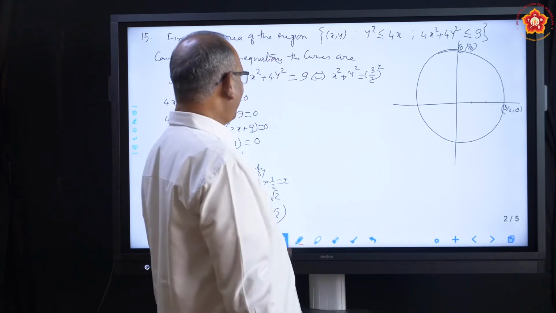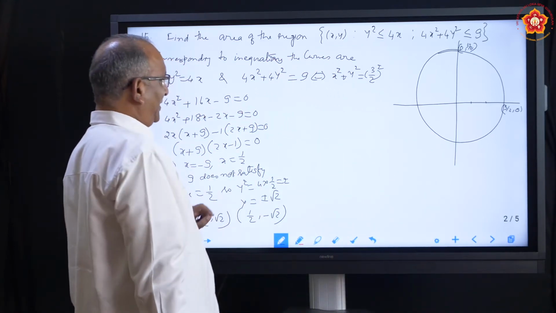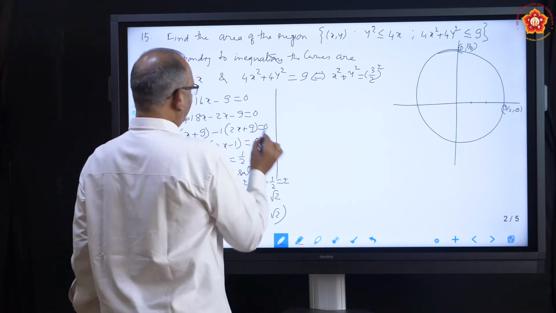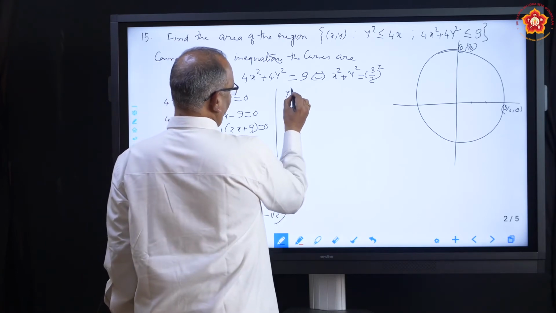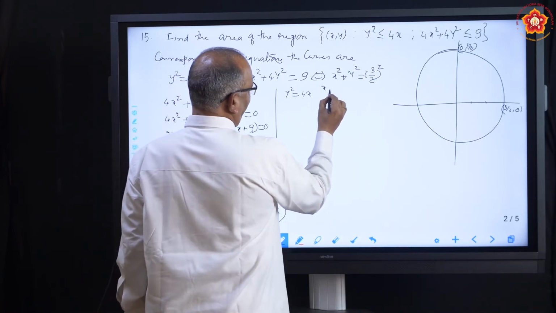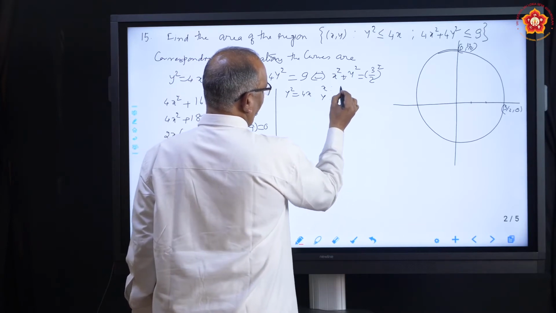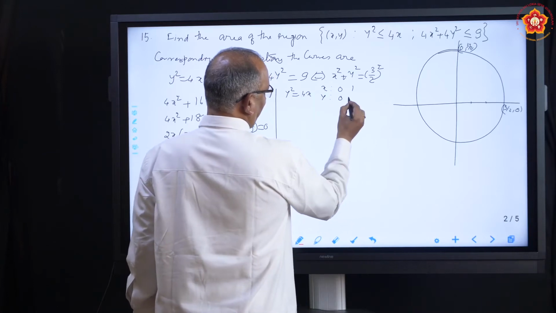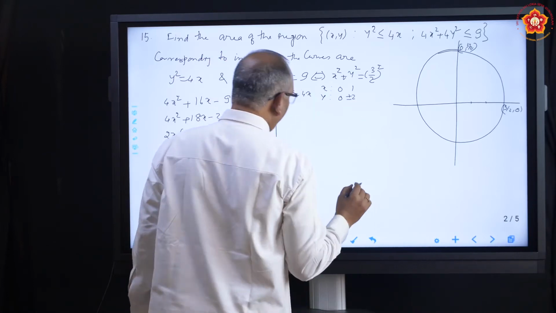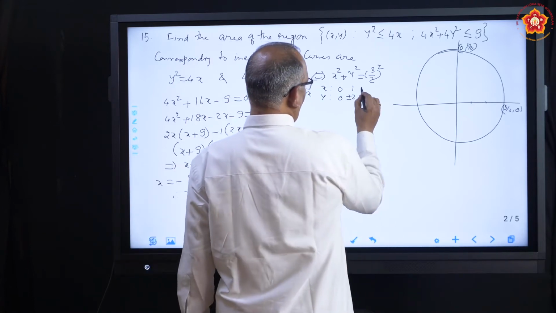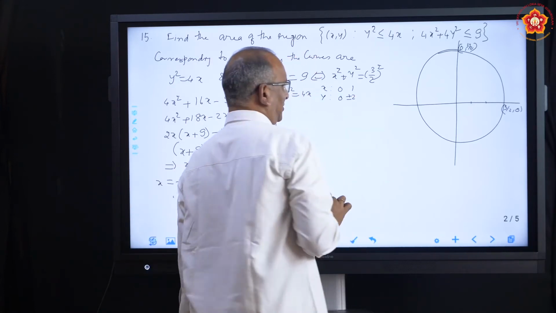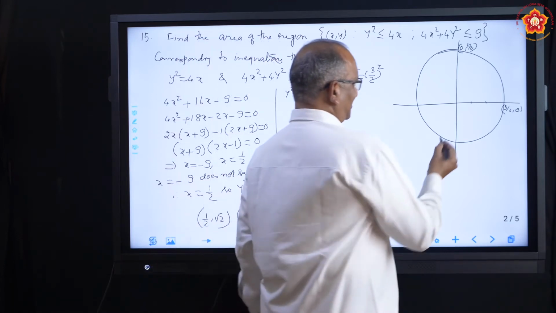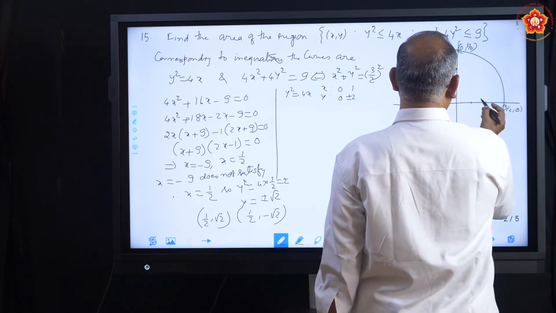Now the important part is to draw parabola. And when you draw parabola, if you wish, you can take points. What are the points? y square equal to 4x. So take x and y. x is 0, y is 0, x is 1, y is plus or minus 2. x is 4. I think this should be good enough. 0, 0, that is origin. x is 1, this is 1, y is 2.